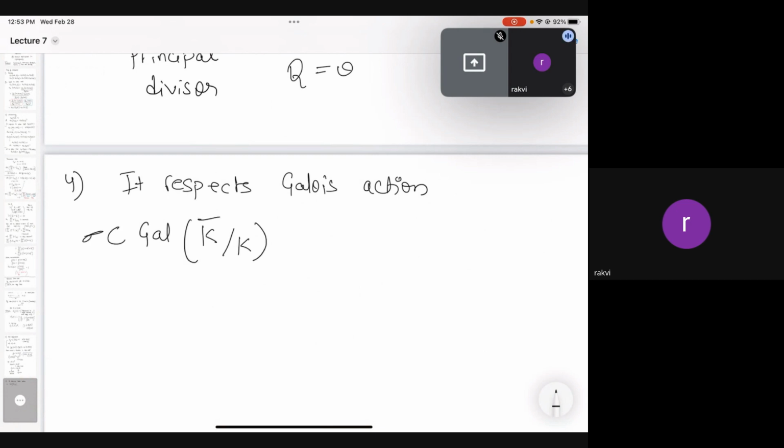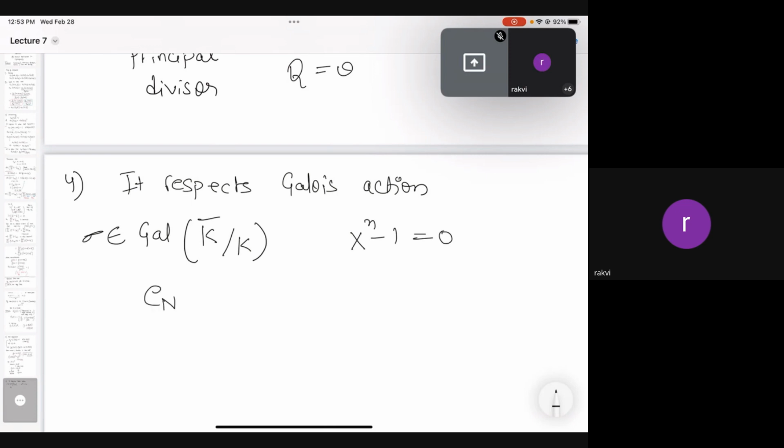Let's take any sigma in it; it will act on roots of unity. This is simply because all the roots of unity are solutions of this, but this is defined over the base field. So if I take any root of unity and apply sigma to it, that's also a root of unity. So sigma acts on roots of unity.